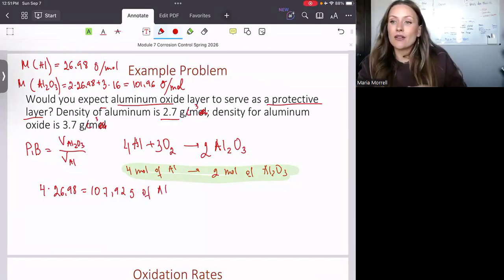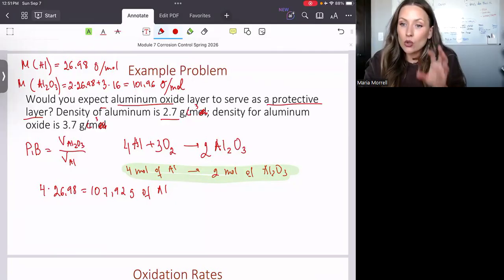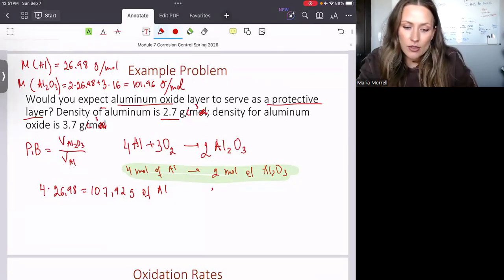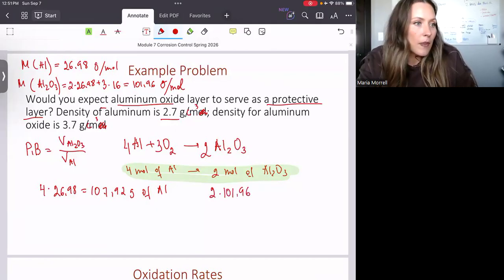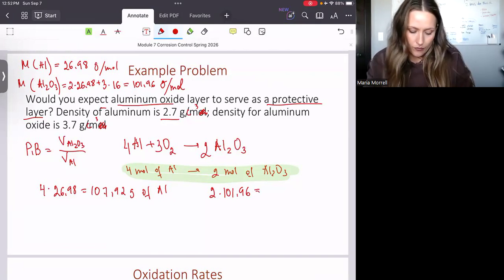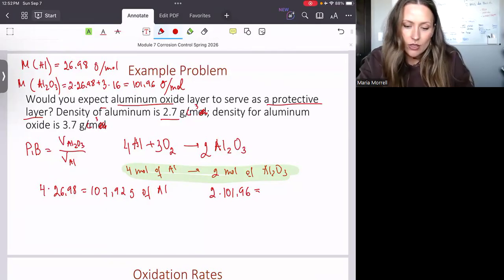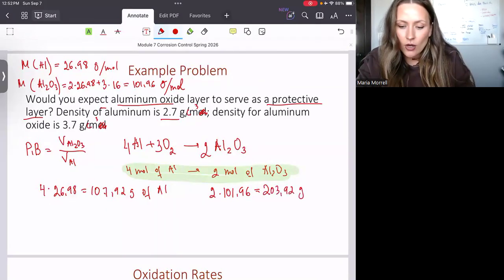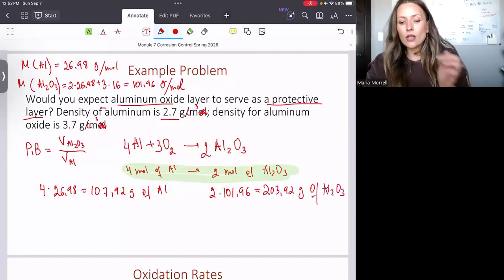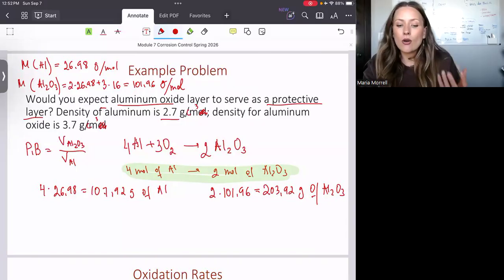So I need that much of pure aluminum to produce, how much of oxide would I produce? It's going to be 2 times 101.96, and that shall give me, luckily, I have it still plugged in, 203.92 grams of aluminum oxide. Right? Okay, so now I know the mass.